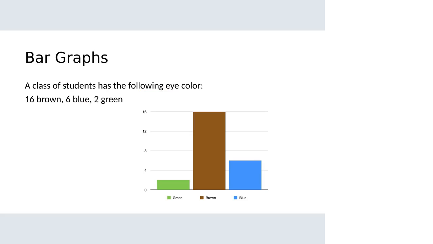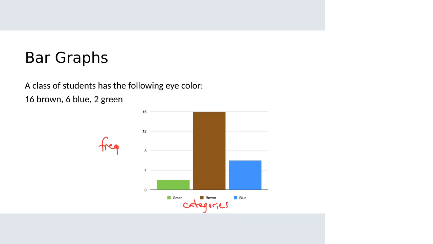Here's an example of a bar graph. A class of students has the following eye colors. 16 students have brown eyes, 6 students have blue eyes, and 2 students have green eyes. And, just to sort of begin our little refresher there, we have our categories here on the x-axis, and we have our frequency here on the y-axis.